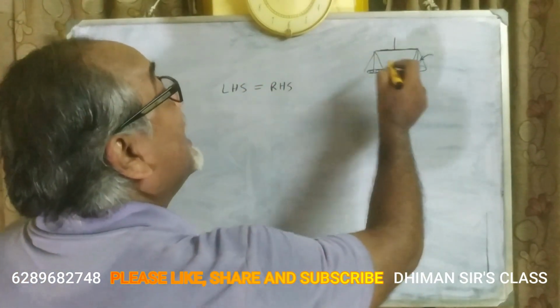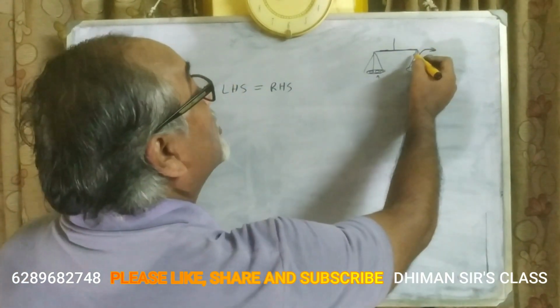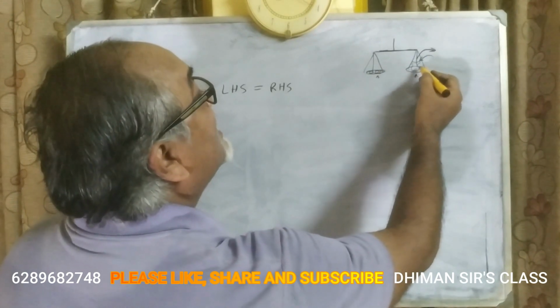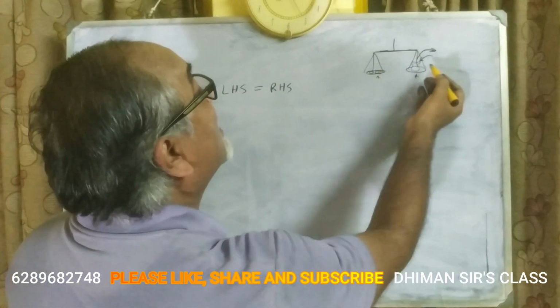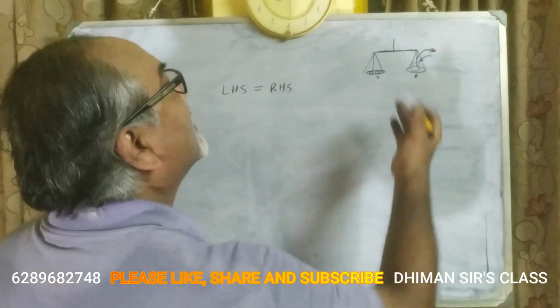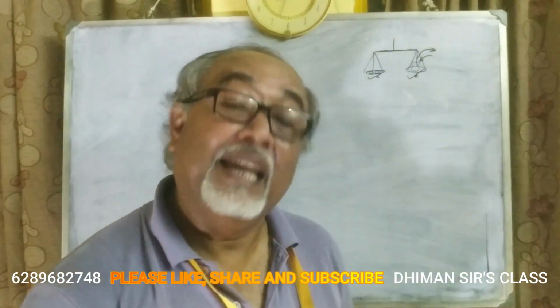Okay? And he may take out also some. If suppose he finds that this weight is down and this is up, then in that case he will take out. And if he finds that this is up and this is down, he will pour into it. So this phenomenon will continue till both the sides are equal.